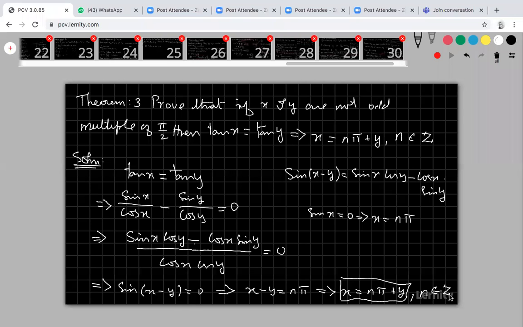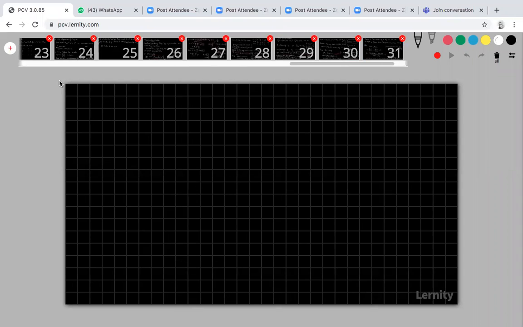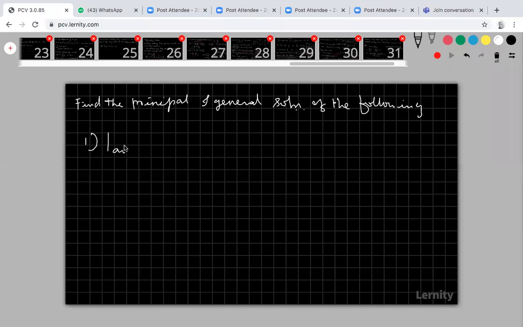So look at that, some homework problems. Find the principal and general solution of the following equations. One, tan x is equal to root 3.